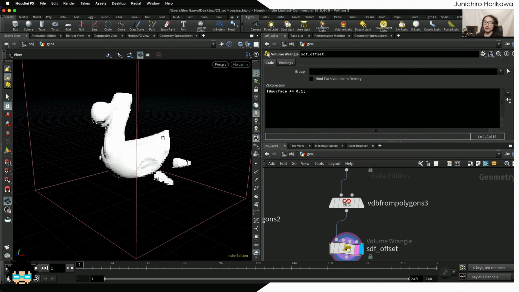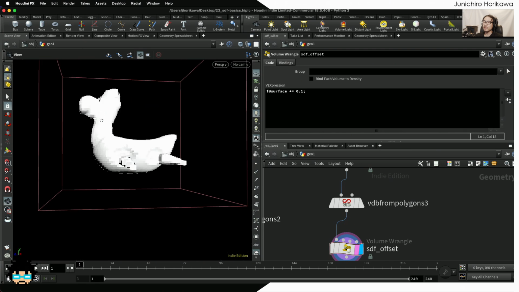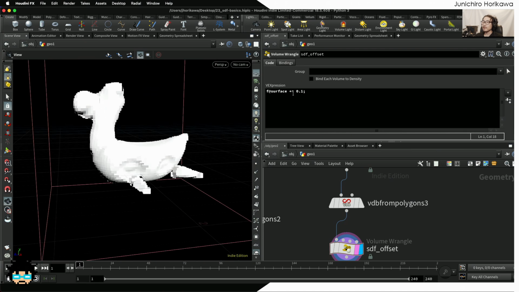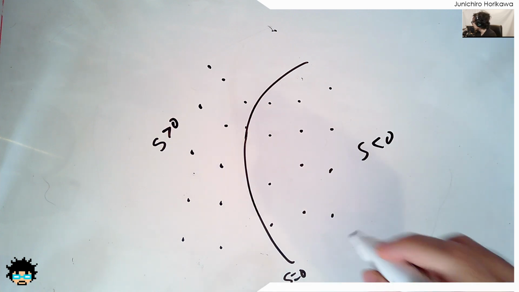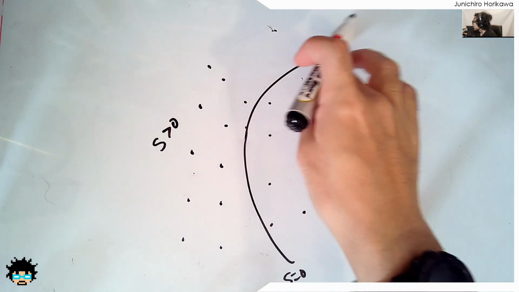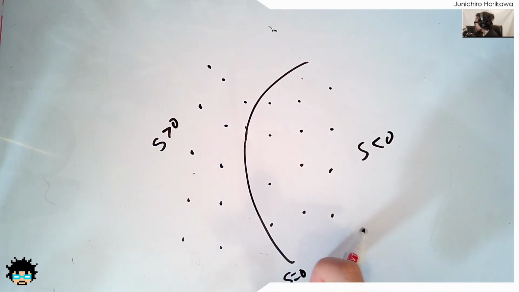And by imagining what kind of calculation is being done for each voxel, it's pretty obvious what it's doing. If you have just added positive 0.1, it might be easier to look at the sketch. So currently, let's say this is a surface, and the surface value is equal to 0.